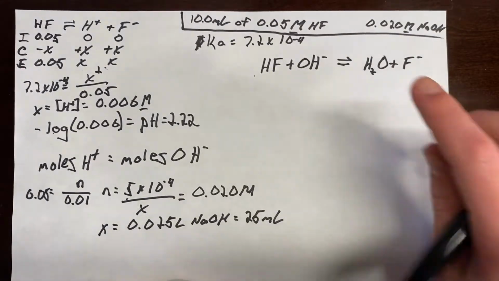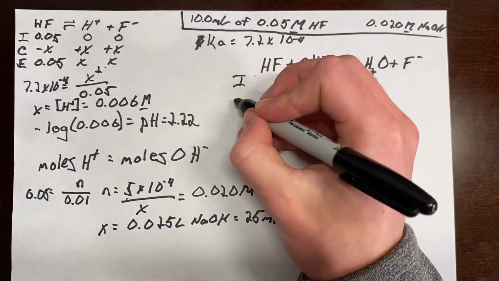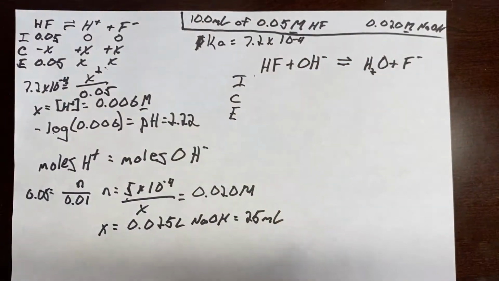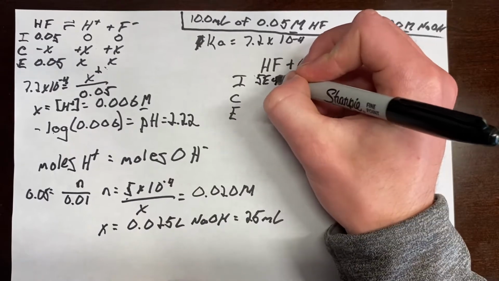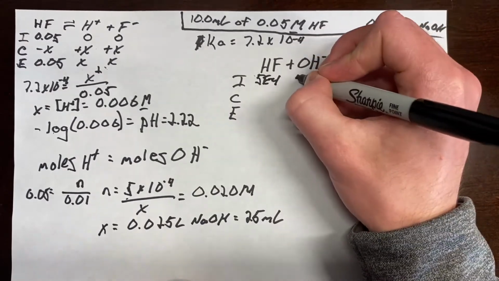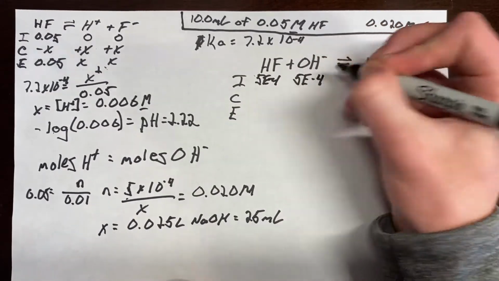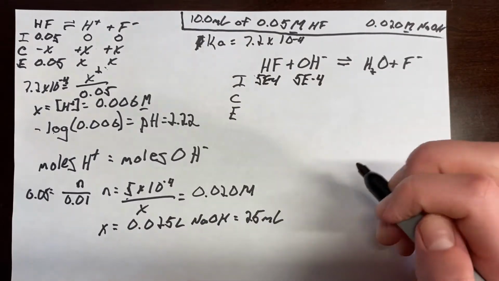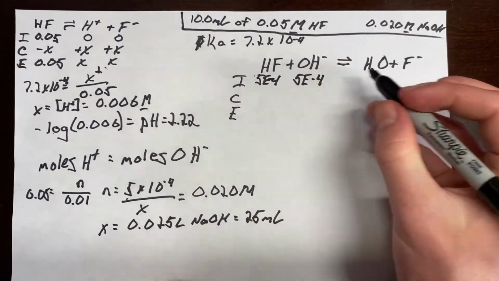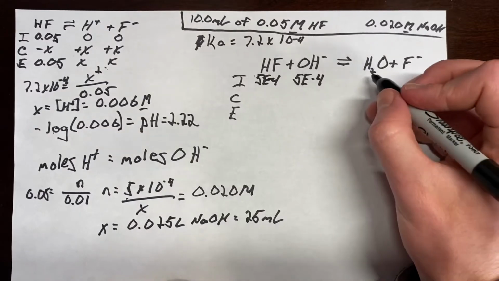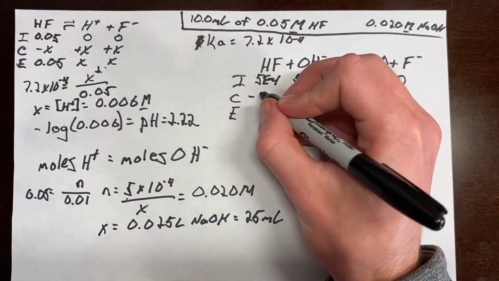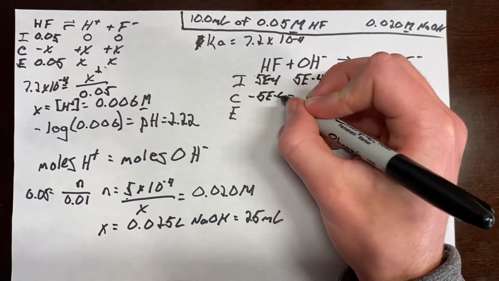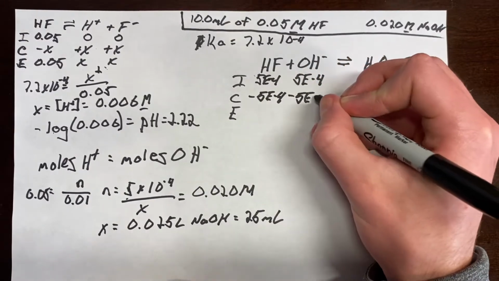We're going to do this ICE chart in moles actually, just because it's easier. So 5e to the negative 4. I'm just using e instead of writing times 10 to the negative, so it's a different way to write scientific notation. So we're going to have 0 of that, 0 of that, and there's no limiting reagent, so both of these will end up being 0 at the end.